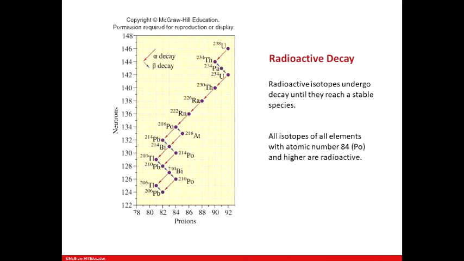It decays by alpha decay or beta decay, and now you know what alpha and beta mean, right? Shown here, alpha positive and beta negative. So here the red lines show alpha decay, and alpha decay goes down to a new species, an isotope.